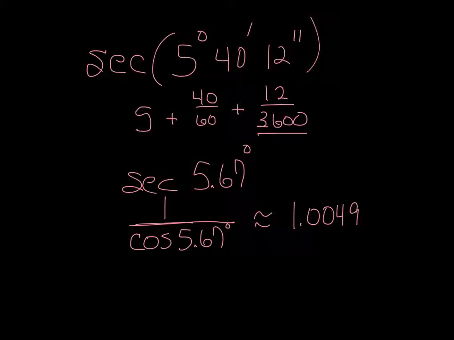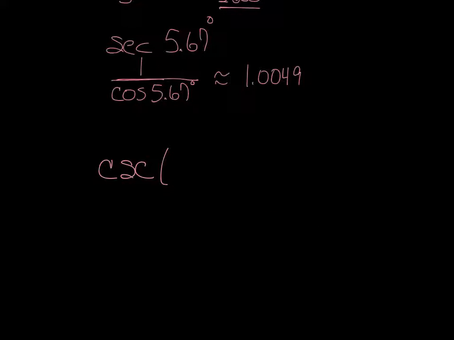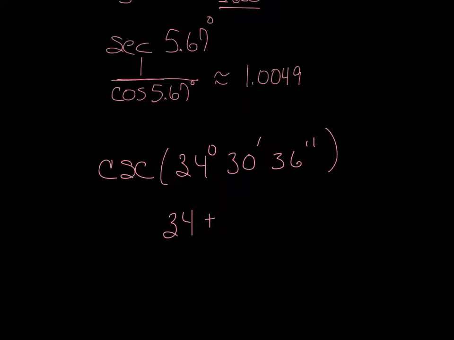You got 1.0049? Okay. I want the cosecant of 34 degrees, 30 minutes, and 36 seconds. Okay, so to get the decimal, you're going to have 34 plus 30 over 60 plus 36 over 3,600.